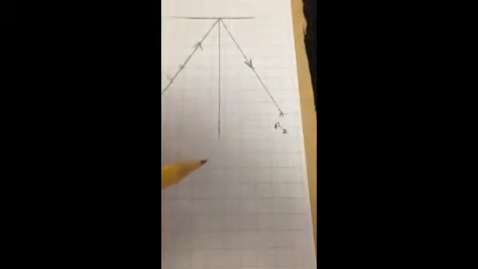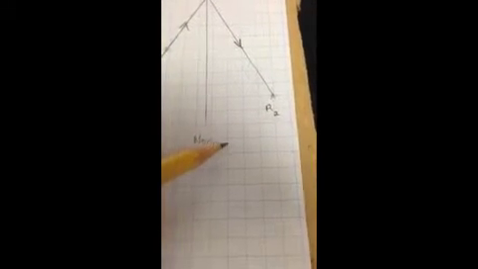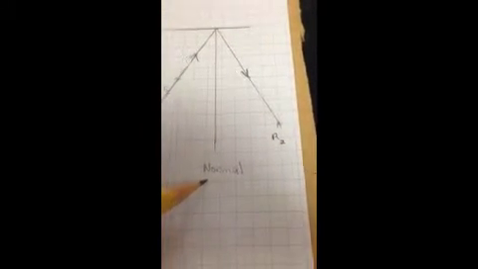So we draw that on there like that, and we're always going to measure our incident angle and our reflected angle from the line normal to the mirror. Again, normal just means perpendicular. So that line's at a 90-degree angle from the mirror.